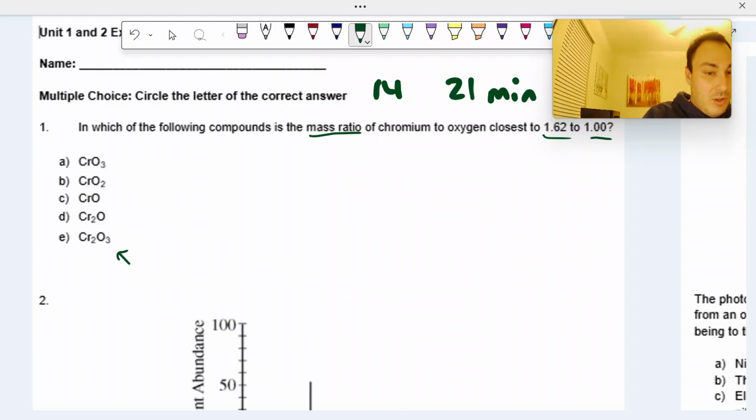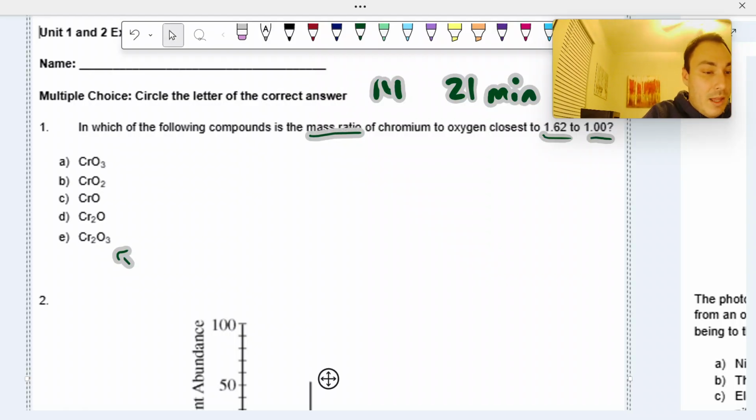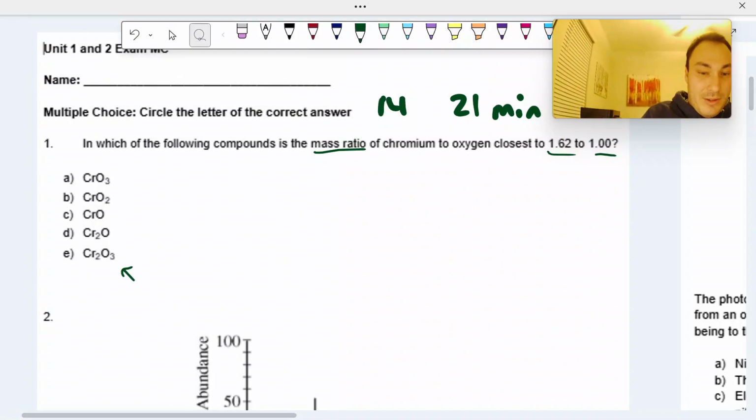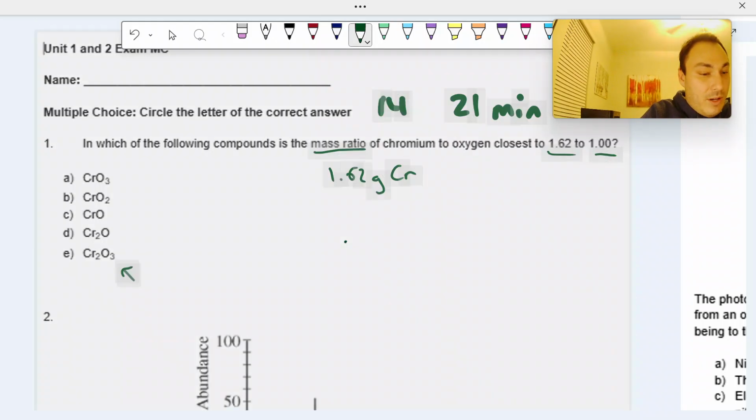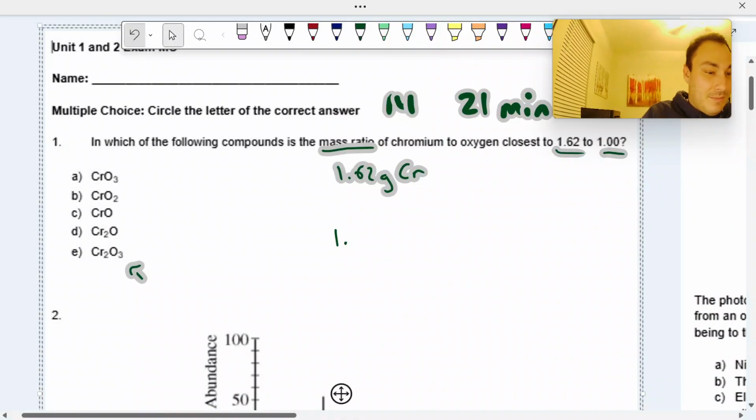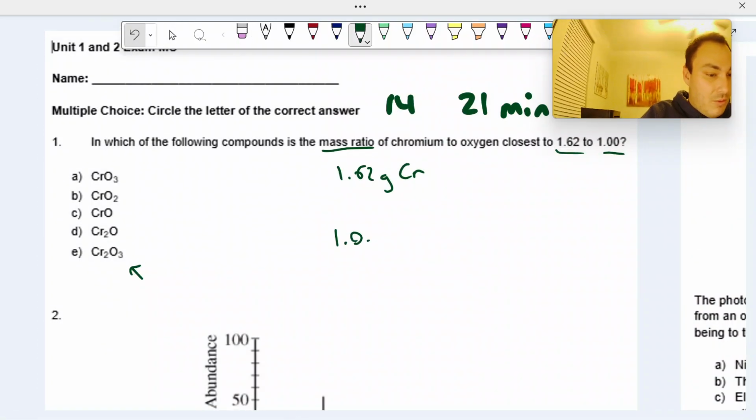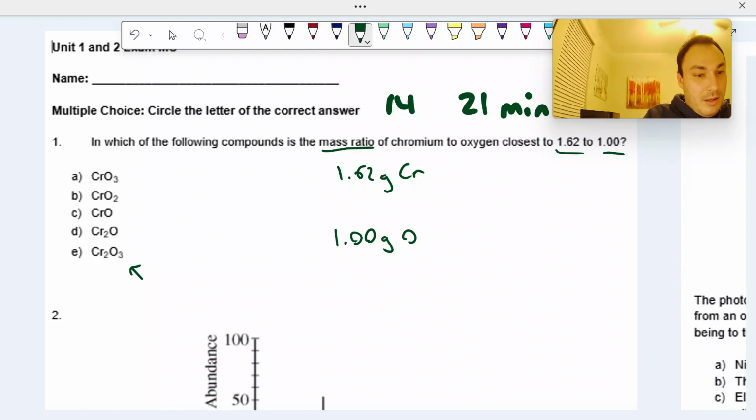So the first thing I'm going to do is, if my mass ratio is 1.62 to 1, that means 1.62 grams of chromium for every 1.00 gram of oxygen. Because if my mass ratio is 1.62 to 1, then for every 1.62 grams of chromium, I would have 1 gram of oxygen.